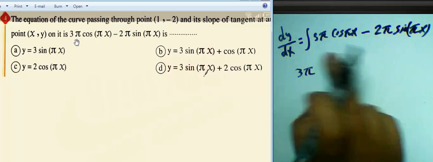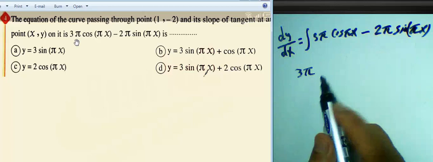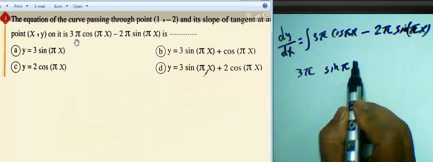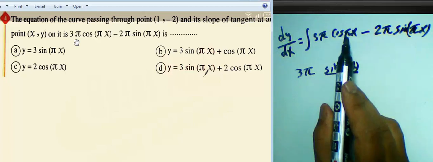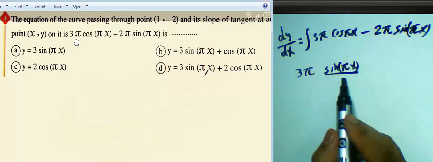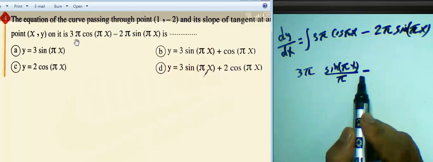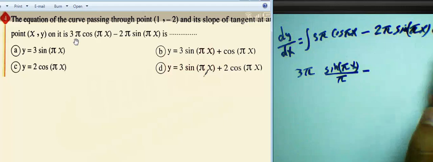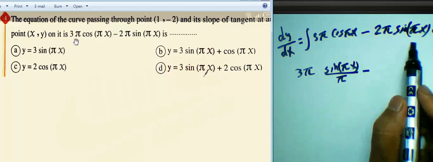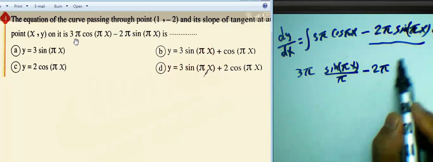And what about the integration of cosine? It will be sine x divided by the coefficient of the angle, which is 1. Integration of this function, write 2 as a constant.